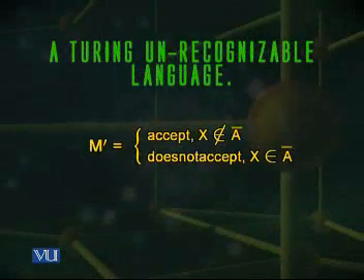Well, let's look at the behavior of this Turing machine M prime on a given input X. M prime on X will reject if X is not an element of A complement, which means X has to be an element of A. And it will either accept or loop if X is an element of A complement.